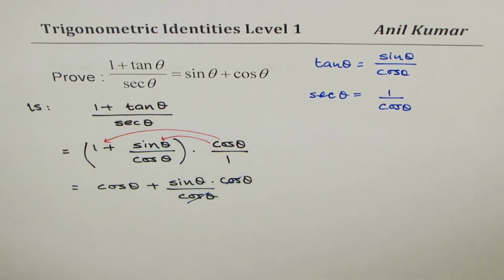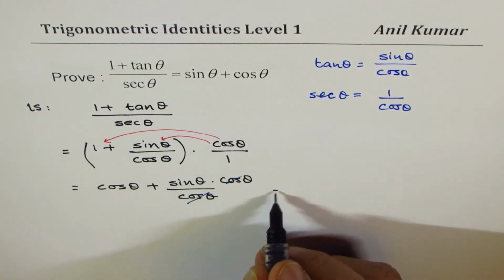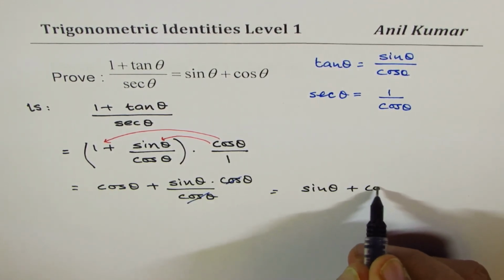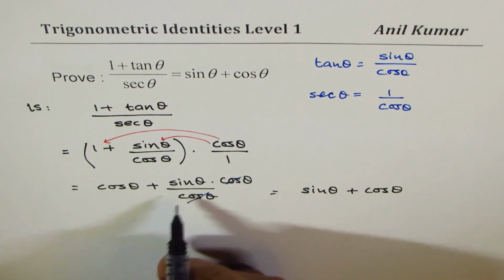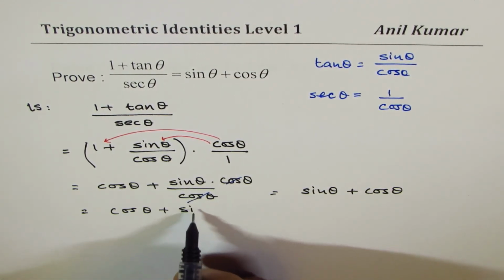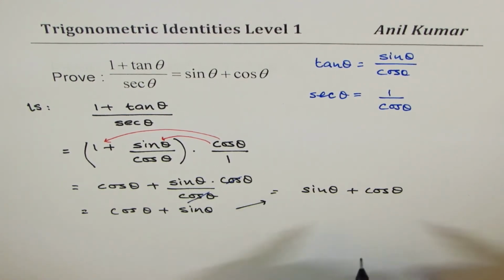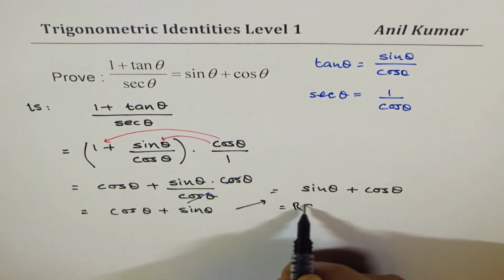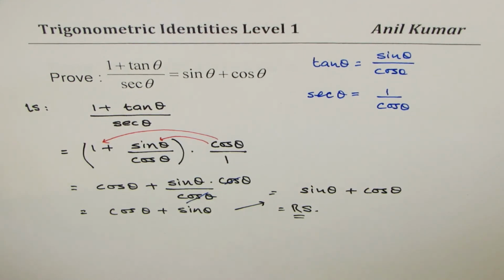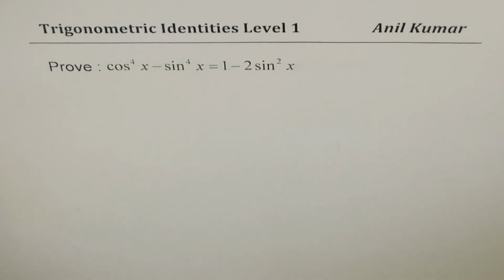So you get your right side, which is equal to sine theta plus cos theta, correct? So basically I interchanged it. You could have written cos theta plus sine theta, which is equal to the right side, correct? So as you have seen here also, proving trigonometric identities to begin with is not difficult. Now let's do the next question.